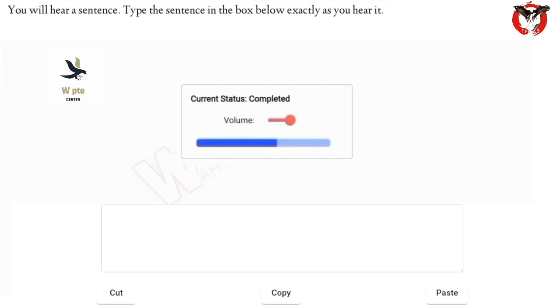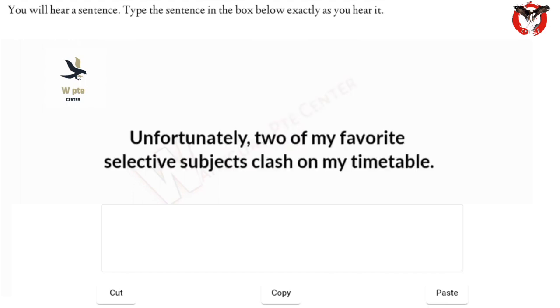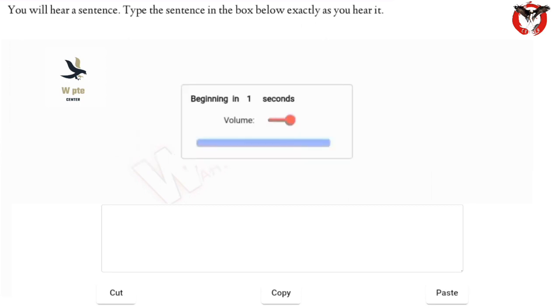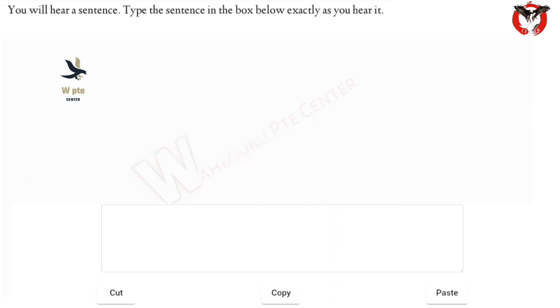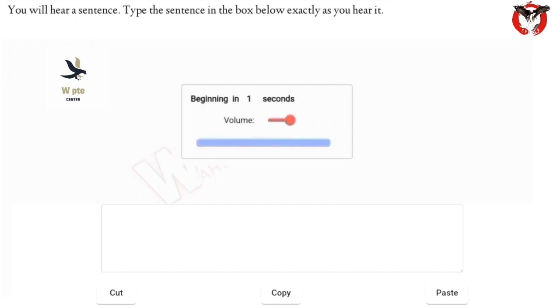Unfortunately, two of my favorite selective subjects clash on my timetable. Students who wish to apply for an extension should approach their tutors before the end of this week. Our log books make up 5% of total marks.